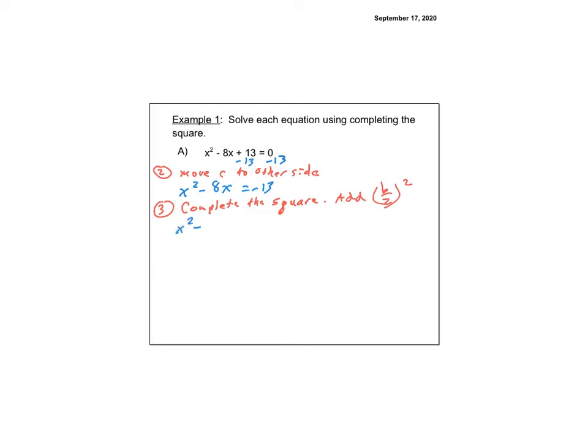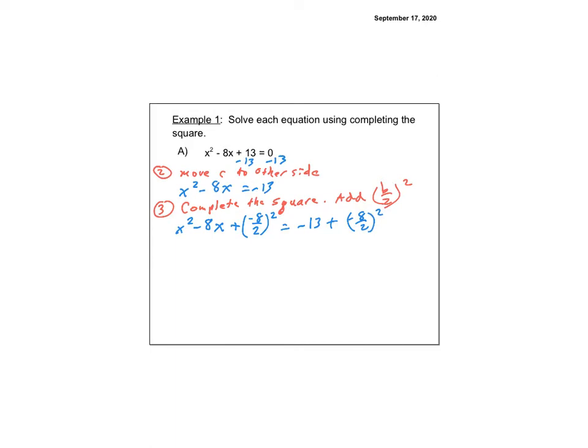So right now we have x squared minus 8x, and we're going to add (b divided by 2) squared to both sides. So what's our b value? It's negative 8, divided by 2, squared. So then over here on the right-hand side, I have to add (negative 8 divided by 2) squared.